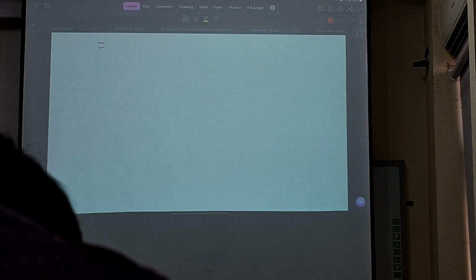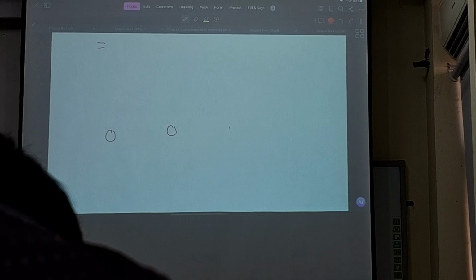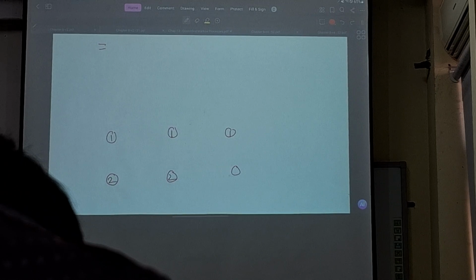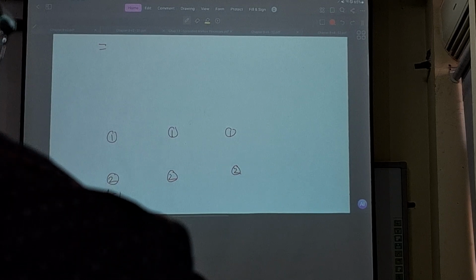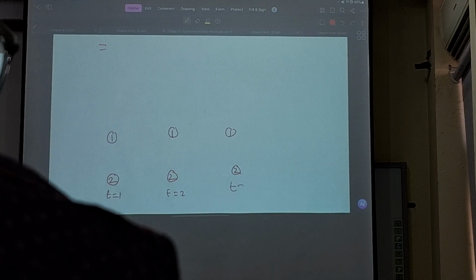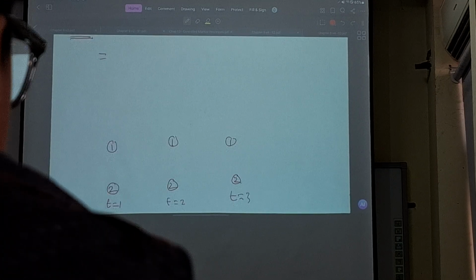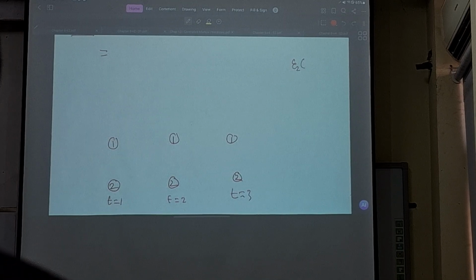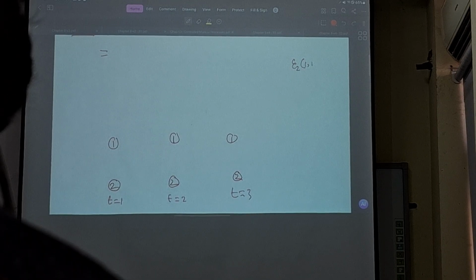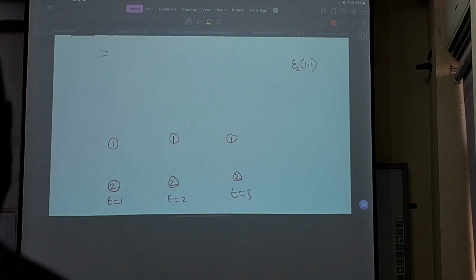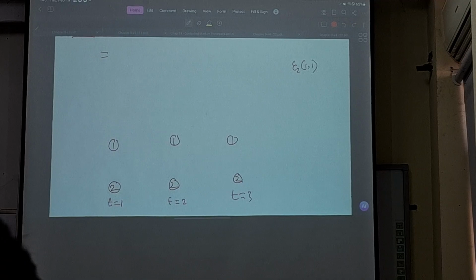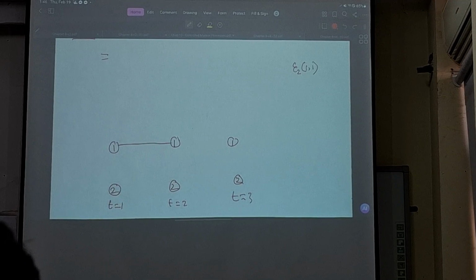If I draw that diagram again, this is state 1, 1 and 1, this is state 2, 2 and 2, and this is t equal to 1, t equal to 2 and t equal to 3. Let's say we want to calculate chi 2. It says what? At time 2, all the paths that at time 2 are in state 1.